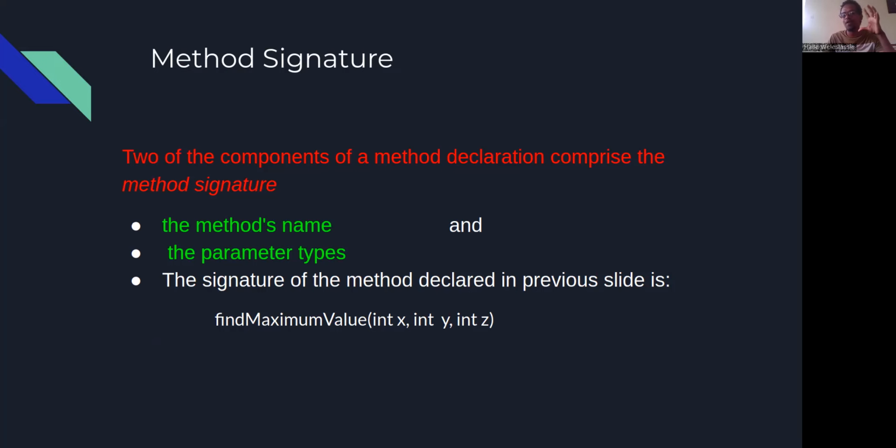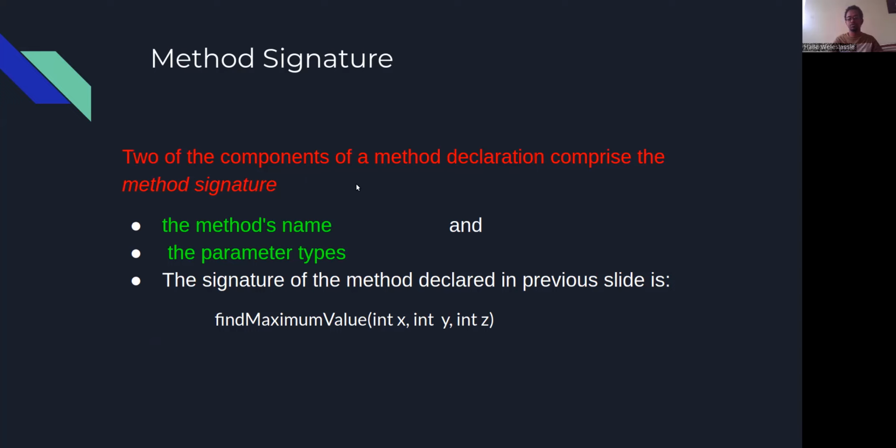Of course, I will not go into detail about it now, but method signature in Java is defined by 2 things: the name of the method and the parameter types. We don't care about the names of the parameters, but the parameter types.